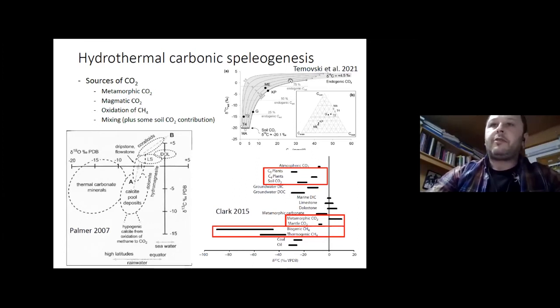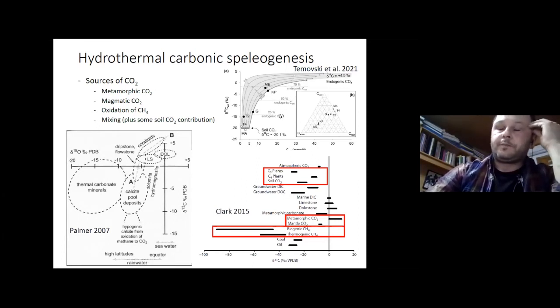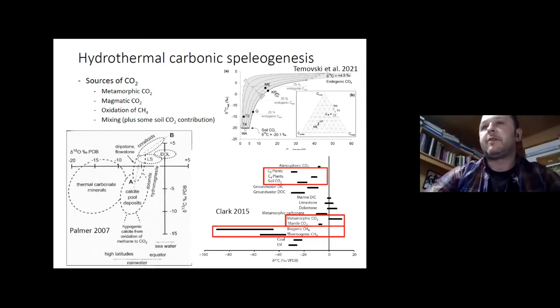On this graph at the top, you can see modeling to obtain the value of the deep-seated CO2, in which we have springs where deep groundwater from a hypogene karst system is mixing with the surface water, and we have certain ratios of mixing of up to, let's say in this case, 75% contribution from this endogenic CO2, for which a value characteristic of metamorphic CO2 was obtained.